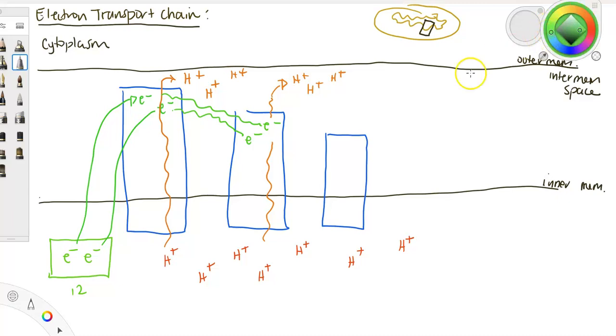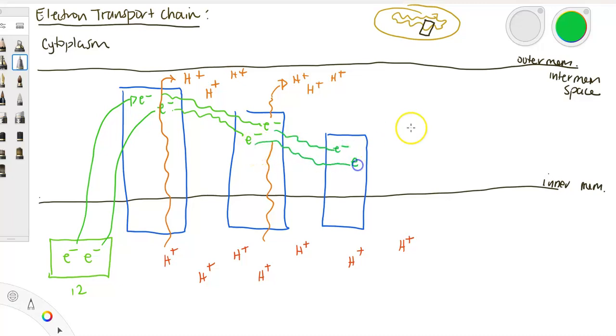Then the rest of the energy is going to go down to this one, and boom, more hydrogens coming out here. Okay.